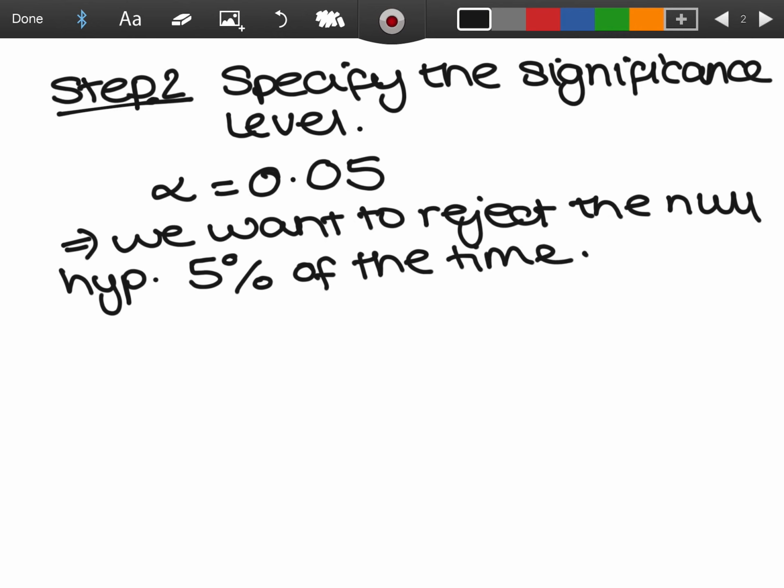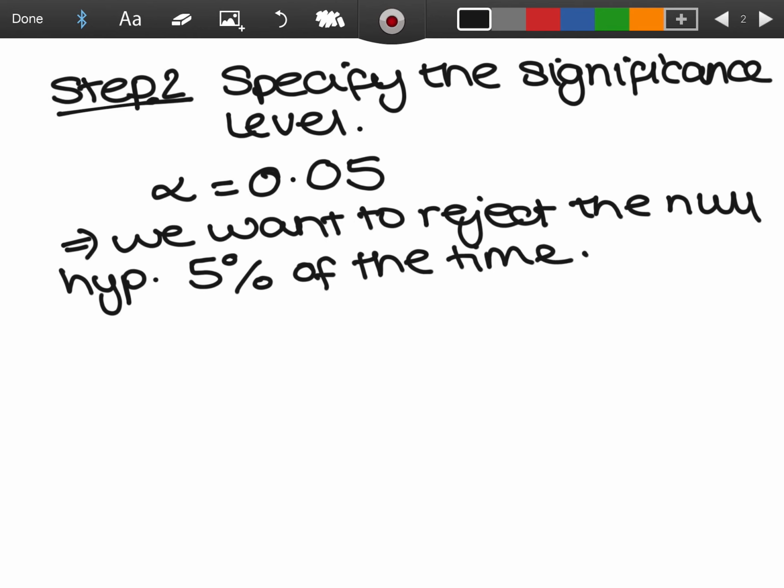That means that we're 95% confident that our null hypothesis is true. We only want to be wrong about our null hypothesis 5% of the time. So alpha is equal to 0.05. They will always give you a significance level.